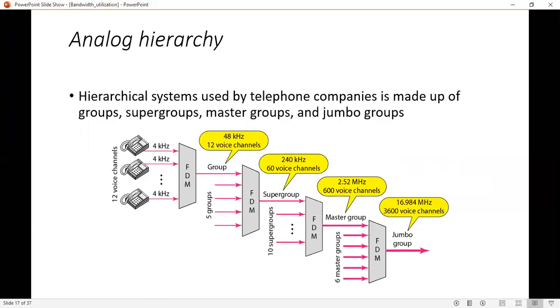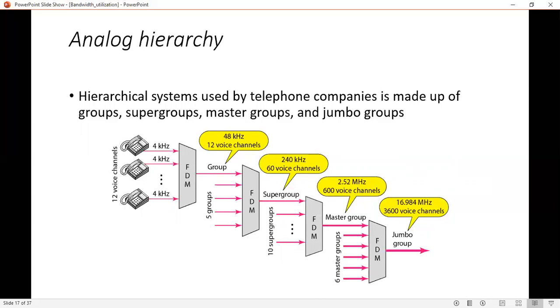Again, you have 5 similar groups that you are combining using FDM, frequency division multiplexing, to form the supergroup, which uses 240 kilohertz bandwidth and combines 60 voice channels together.